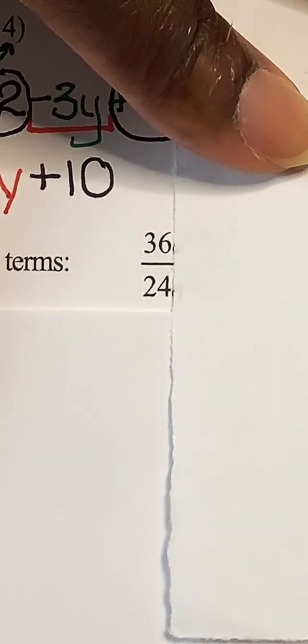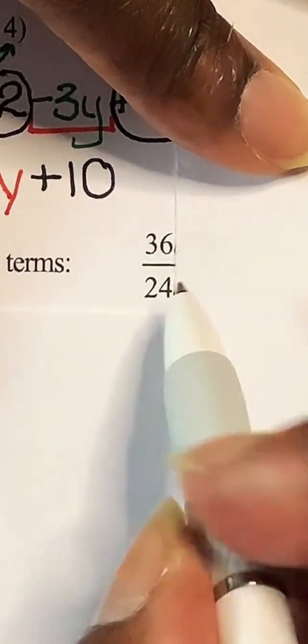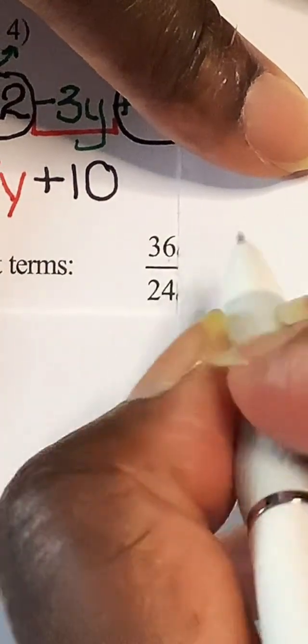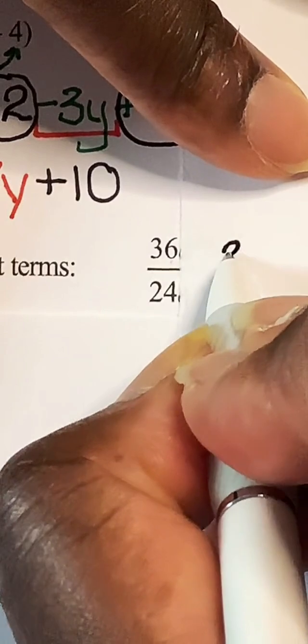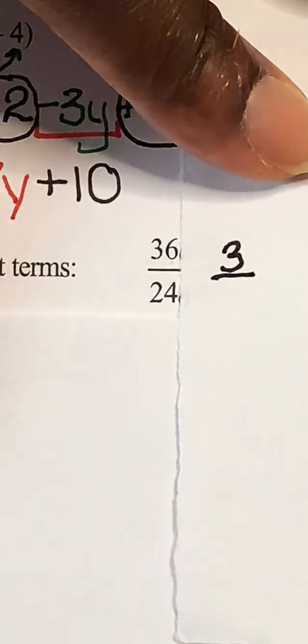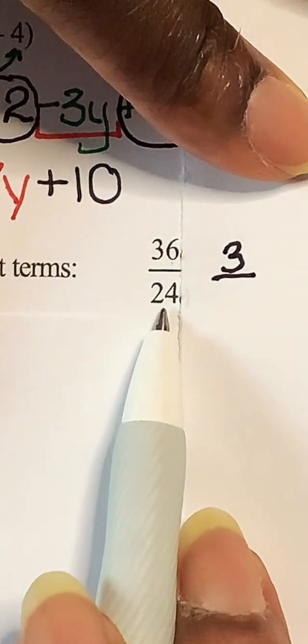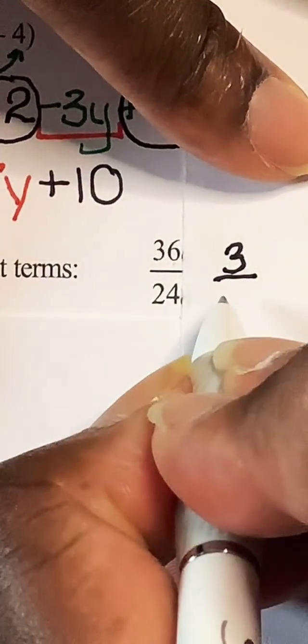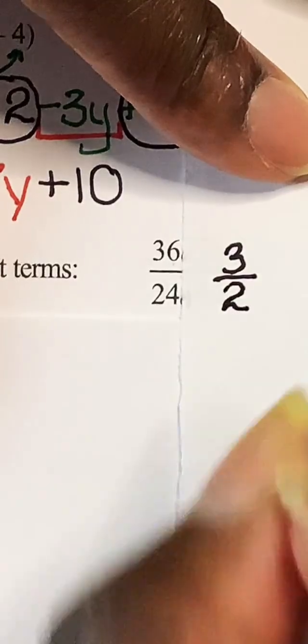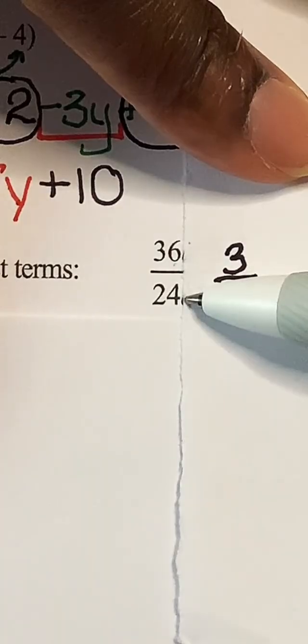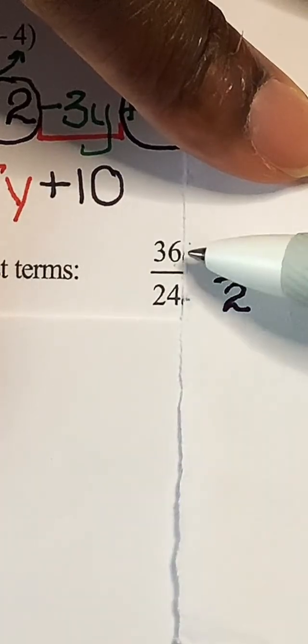So let's just focus on the coefficients for right now. So 36 and 24. Okay? 36 and 24, they have 12 in common. That's the greatest common factor that they have. So if I divide 36 by 12, that will give me a 3.